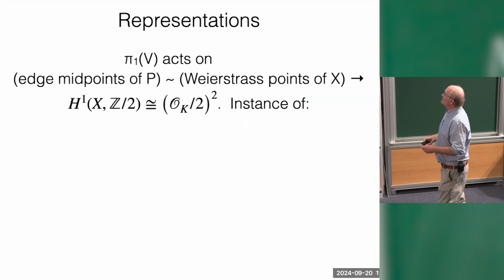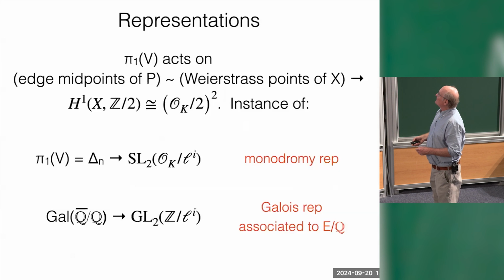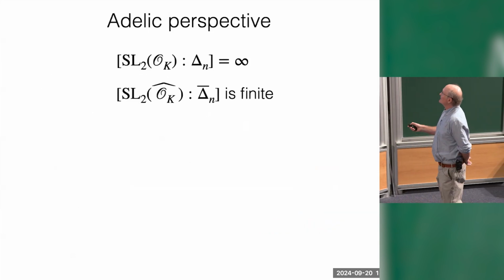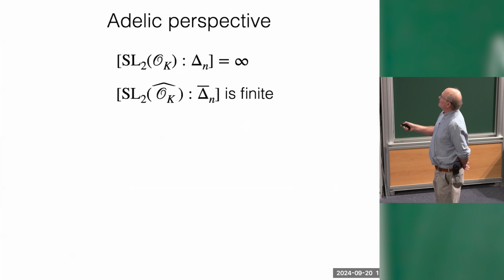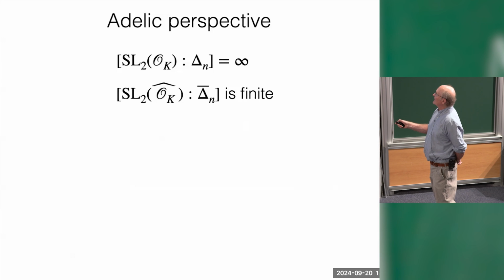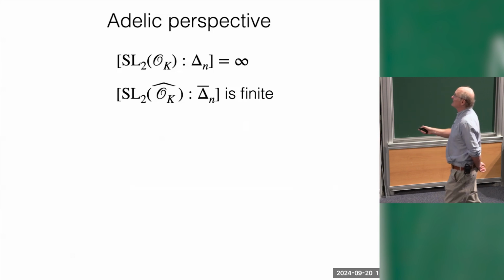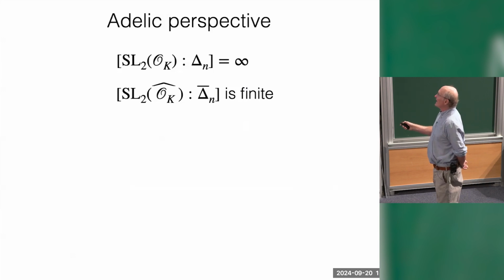Okay, and I'll just say briefly that a good way to approach this question is, well, we have this thin group. It's of infinite index in SL2(O). But if we take the profinite completion of O_K, and then take SL2 of that, and then we take the closure of delta in there, so we do go to the sort of adelic perspective, then this group has finite index in this group.